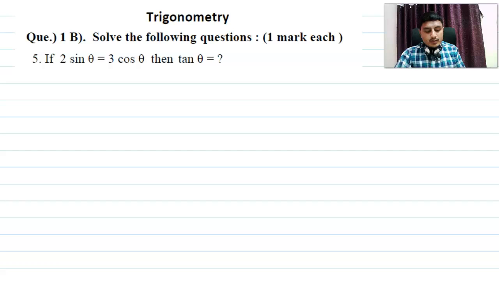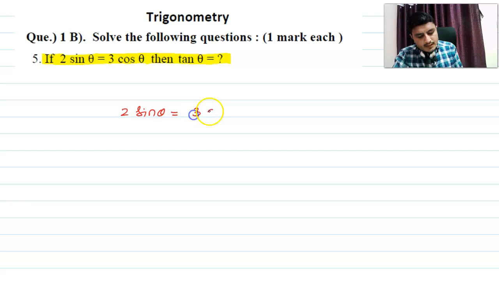Now look at question number 5. It is of the form, if 2 times sin theta equals 3 times cos theta, then tan theta is equal to. So here we have been given 2 times the sin of theta is equal to 3 times cos theta. So once we shift cos theta from RHS to LHS, the multiplier cos theta becomes now the divisor cos theta.